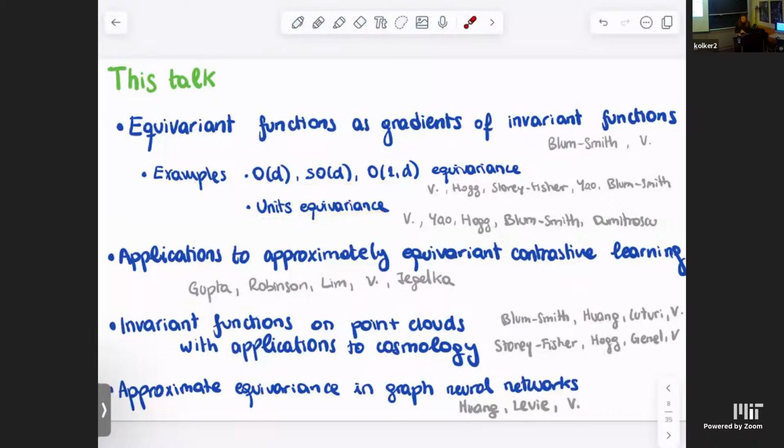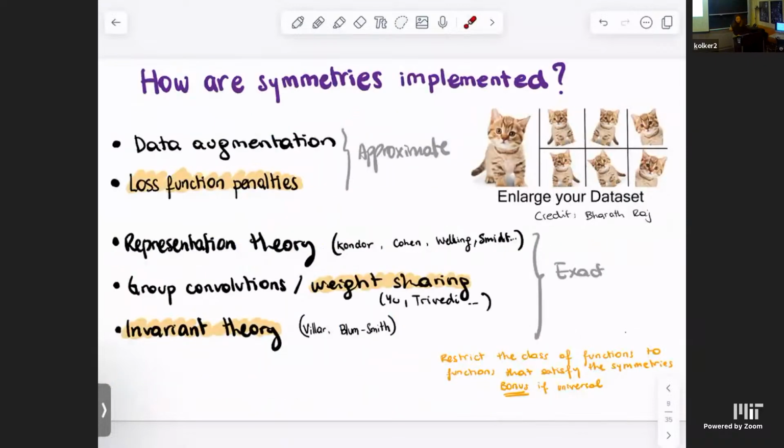And then I'm going to tell you about an application to contrastive learning. And then I'm going to talk about some application to cosmology and some things related to graph networks if I have time. That's basically the agenda for the talk.